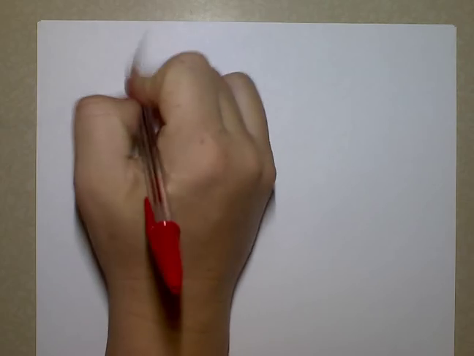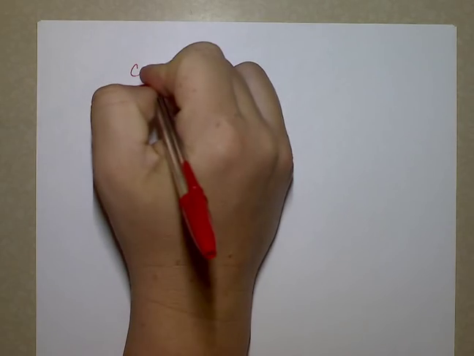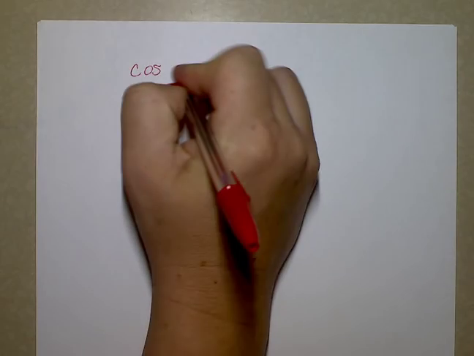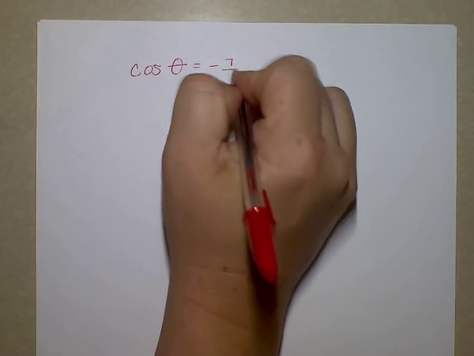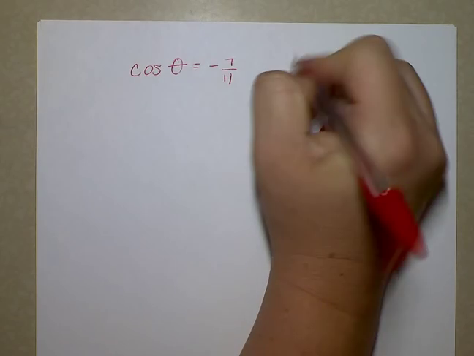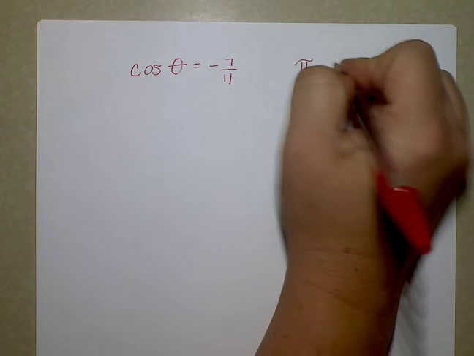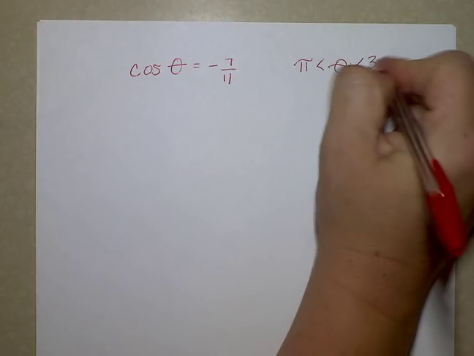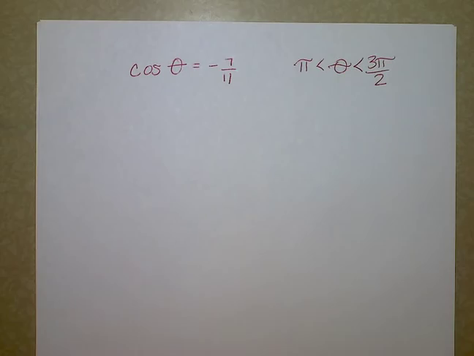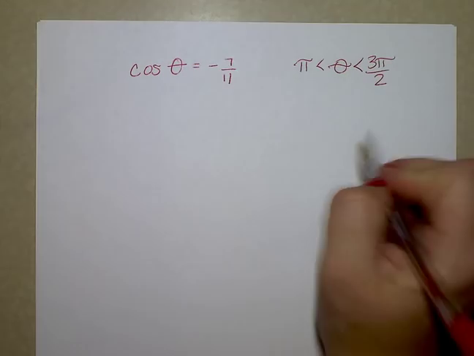Given that the cosine of an angle is negative 7 over 11, and you're told this angle is between pi and 3 pi over 2, find the other 5 trig functions. So let's come off to the side and write those down.